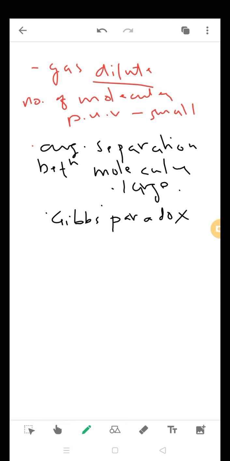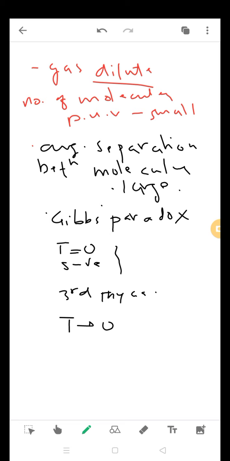So at T equal to 0, the entropy becomes negative, but this is actually not according to the third law of thermodynamics, which says that as temperature goes to 0, the entropy should also approach 0. This is one of the limitations.